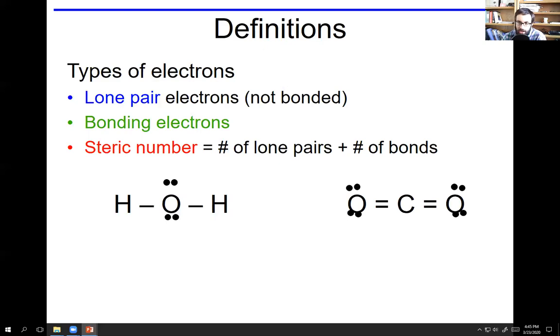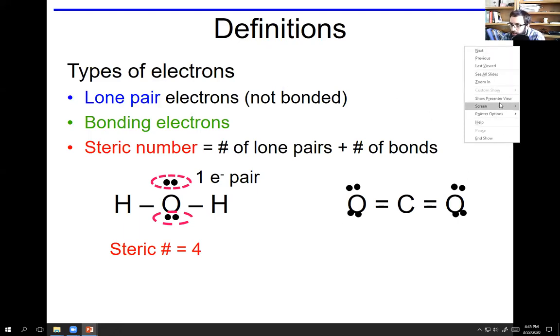What would the steric number be? Well, there are two lone pairs and there are 1, 2 bonds. And it's really a number of bonding sites, as you'll see. It doesn't matter if it's a single bond or a double bond, you count that as one. So the number of bonding sites is the way to think about that.